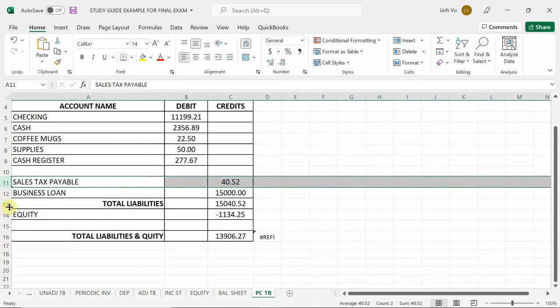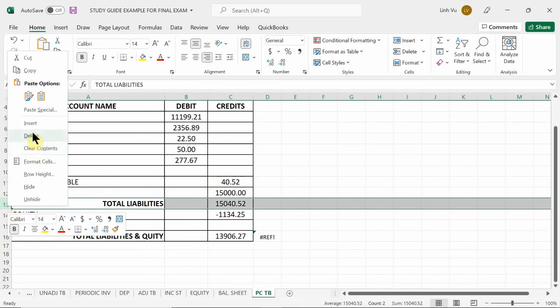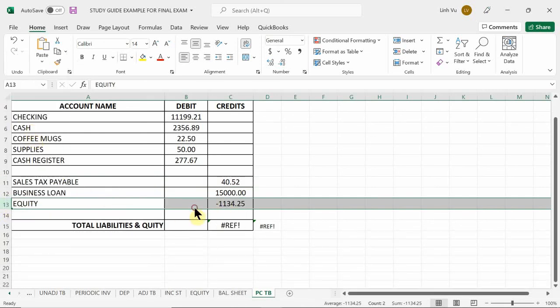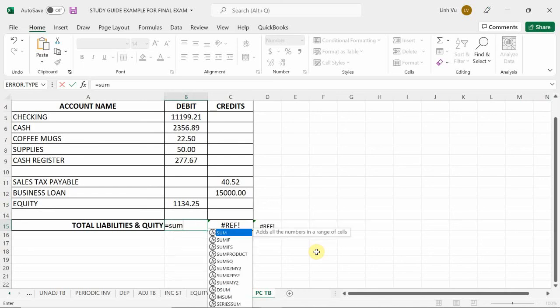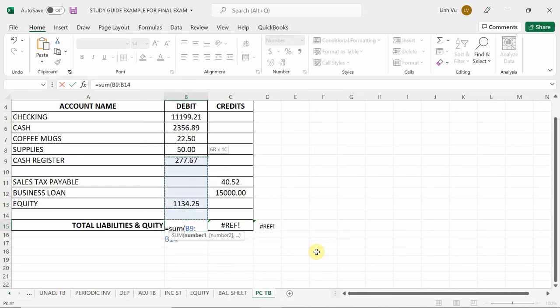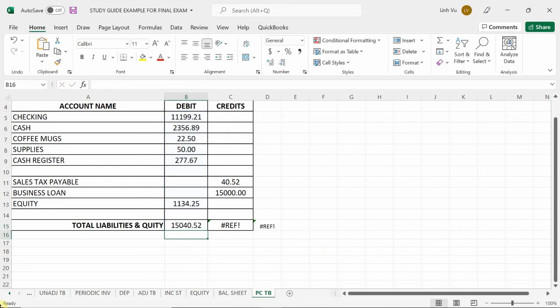And then, of course, my equity is not going to be on negative. It's going to be on the debits for 1134.25. And then you're just going to have to redo the formula to get a total of 1540.52. Okay, which then equals on both sides.